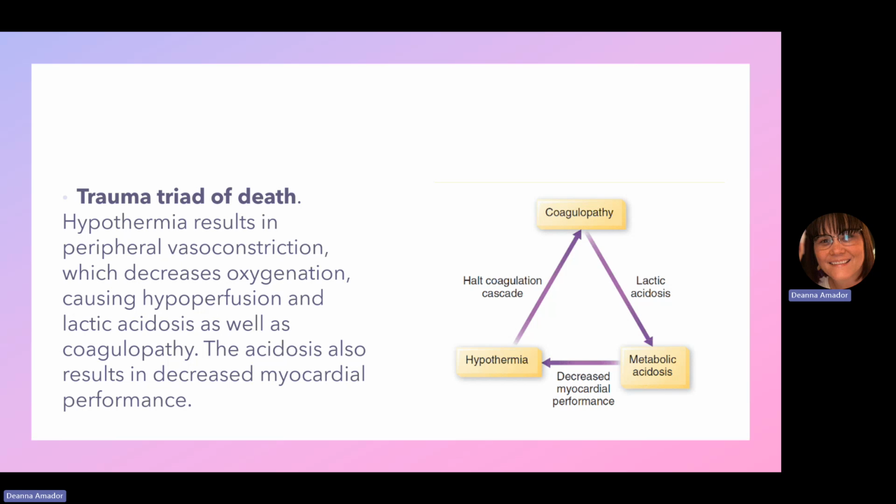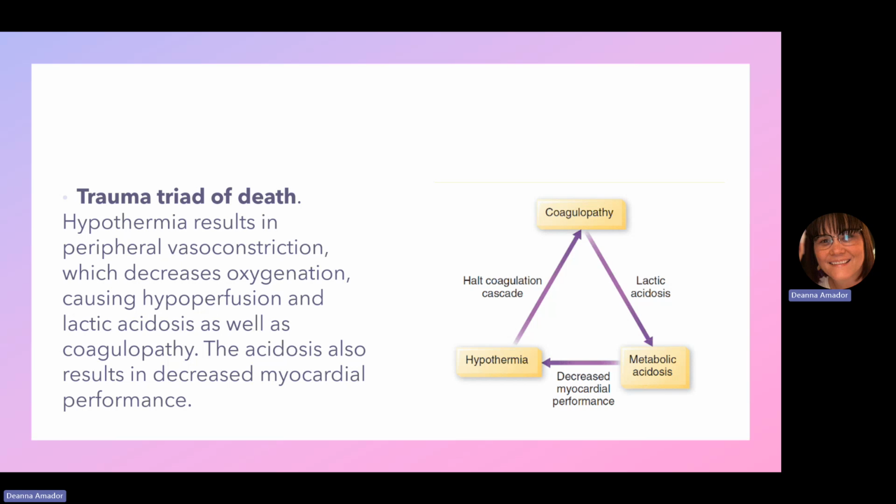So this is a lethal combination of hypothermia, metabolic acidosis, and coagulopathy that can be found in the trauma patient. Of that, hypothermia is an extremely preventable contributory factor. So we can definitely control hypothermia.